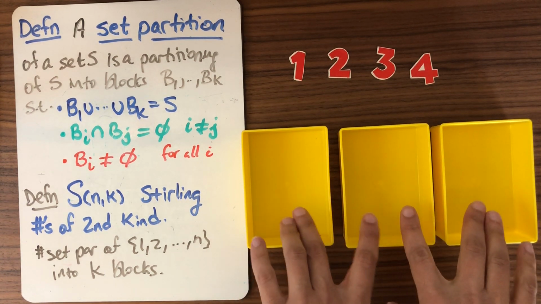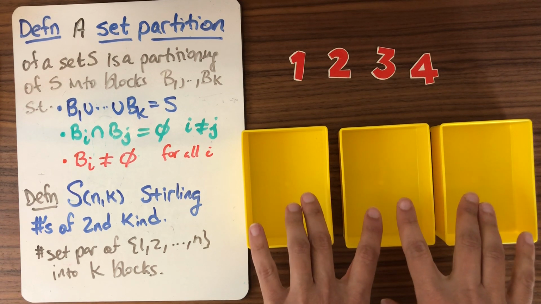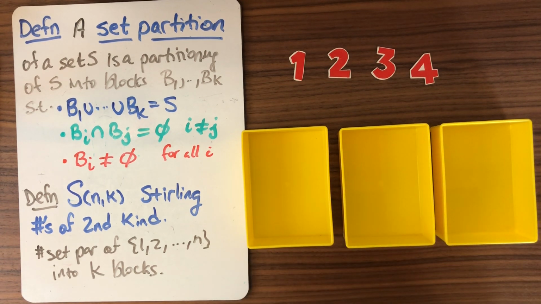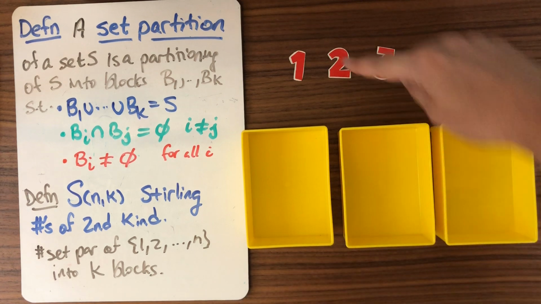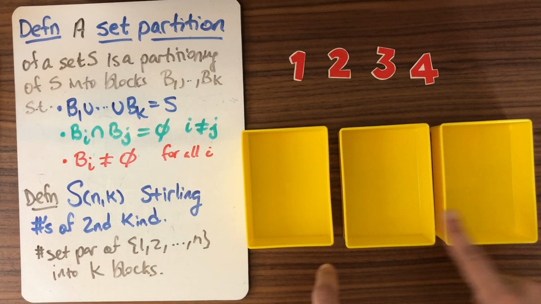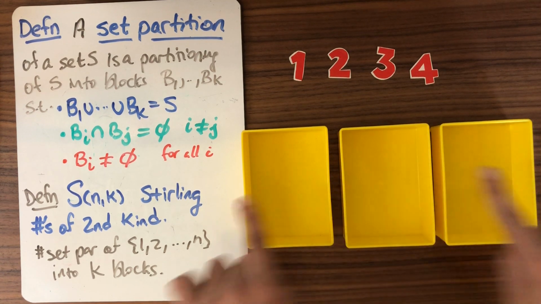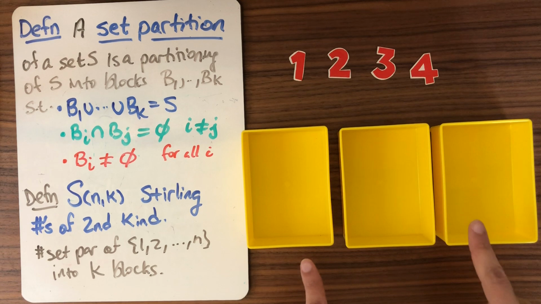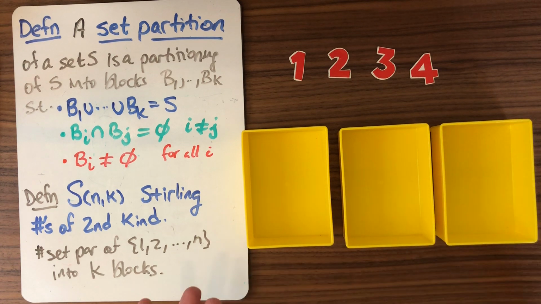Well, each box gets at least 1, right? By the pigeonhole principle, if you'll think back that far, because I have 4 balls to put into 3 boxes, at least 1 box gets at least 2 balls. But since each box gets at least 1 ball, I know that there's going to be exactly 1 box that gets 2 balls. Okay? So all I have to think about is which box gets 2 balls.